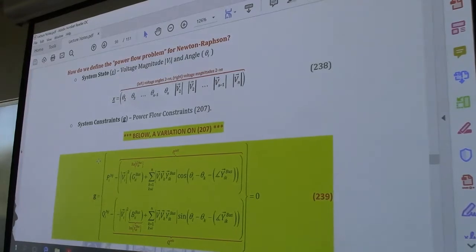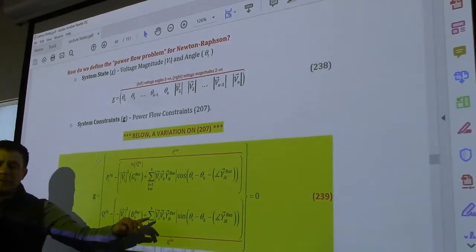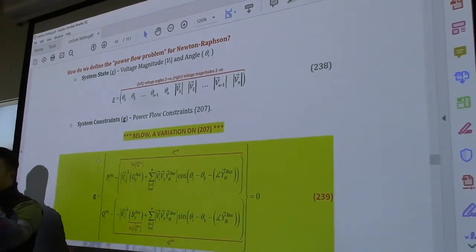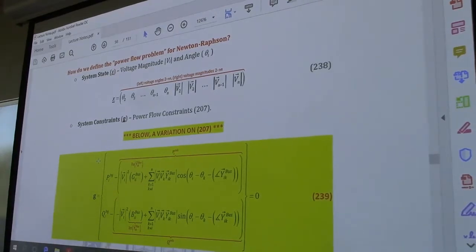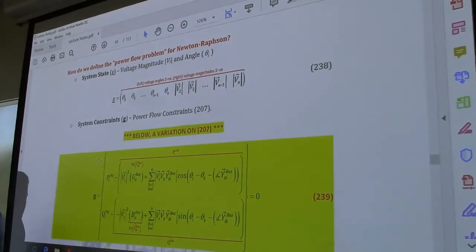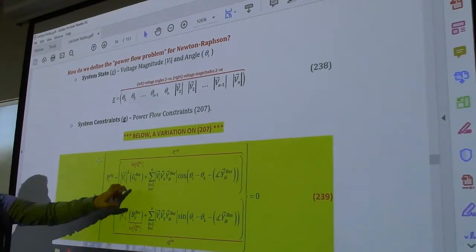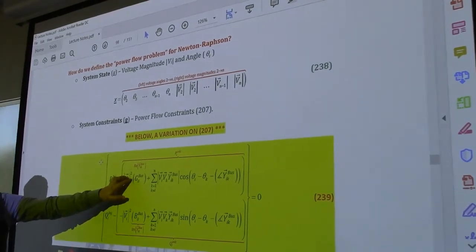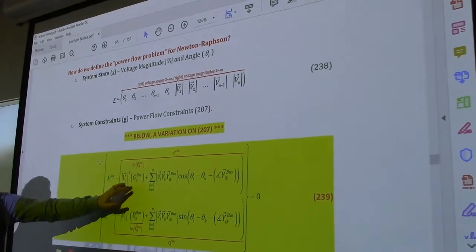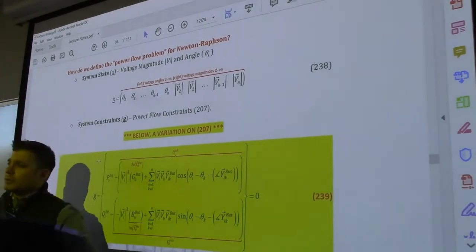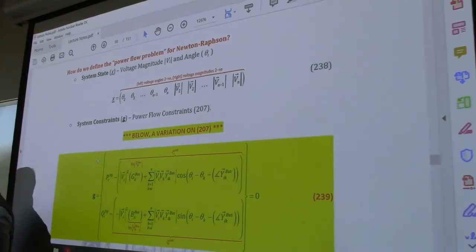We're not going to go through the derivation of how to get this specific form. It's in the book if you want to take a look at it in Chapter 5. We're just going to go ahead and use it. But it's important to understand what the terms mean. This is essentially the self-admittance term. And then you have the term representing the power to the other buses.